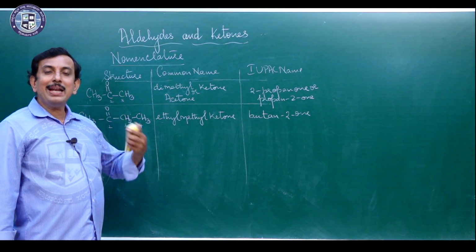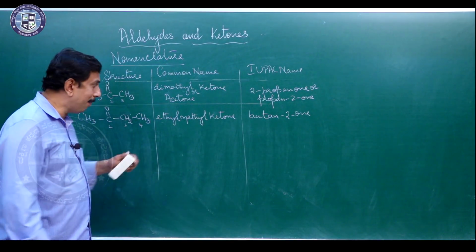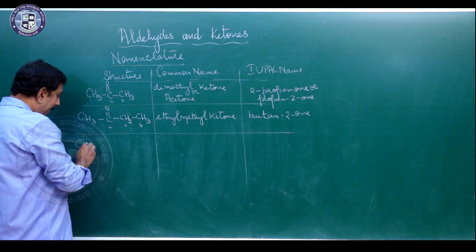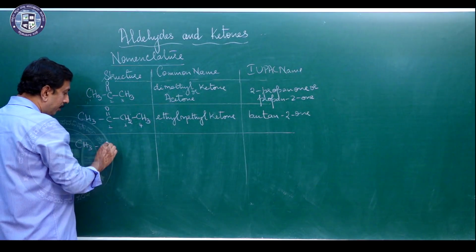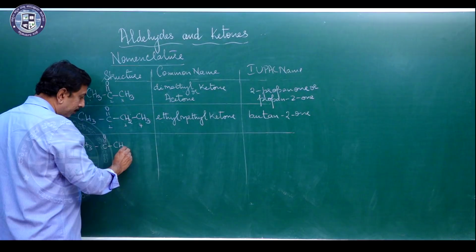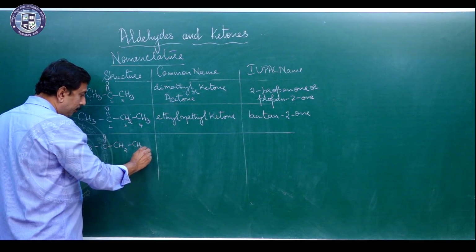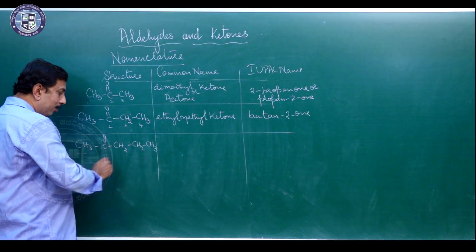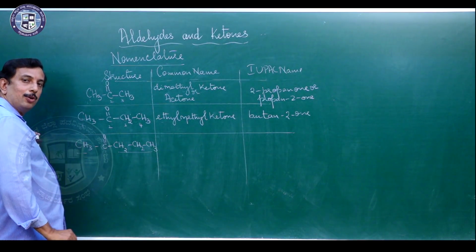Like that I can go with plenty of other examples. For example, if I take another compound here, that is CH3 C double bond O CH2 CH2 CH3. You can see here this is a methyl group, this is an N-propyl group.